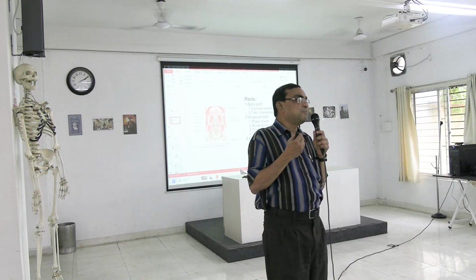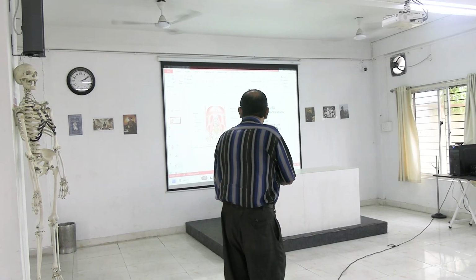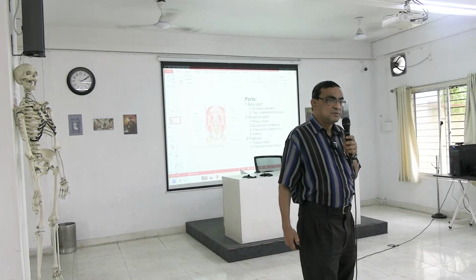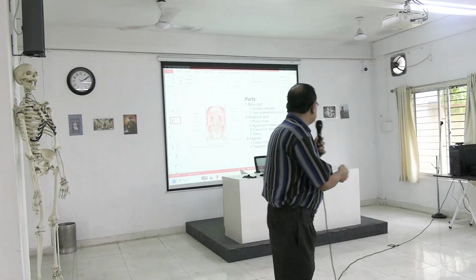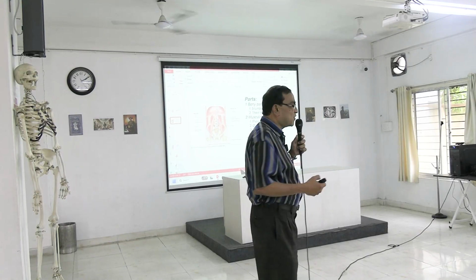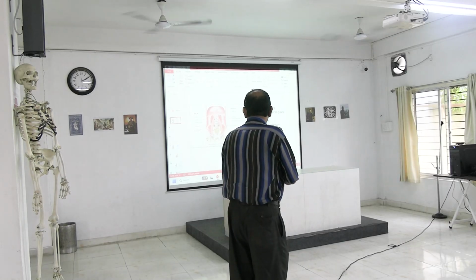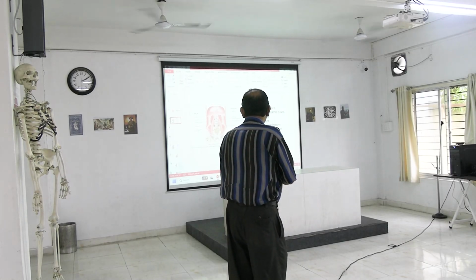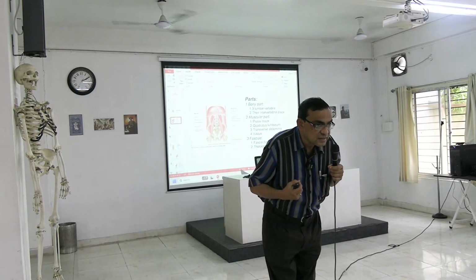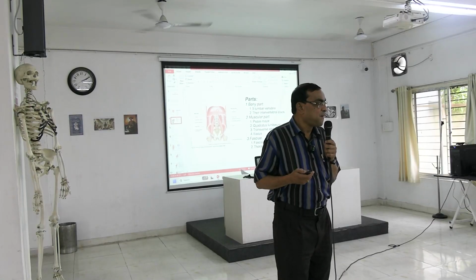From lying position to sitting position, they help in flexion of the vertebral column. And there are other actions. Suppose psoas major of one side contracts, then we can get a separate action. When psoas major of both sides acts, we can get the forward bending of the vertebral column.